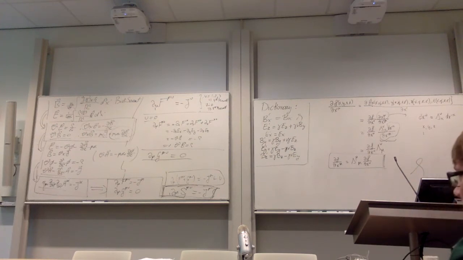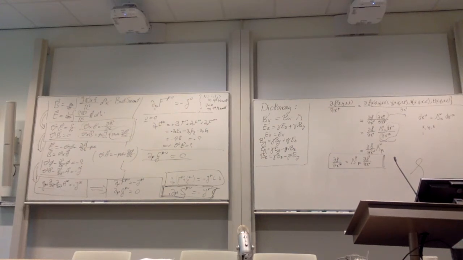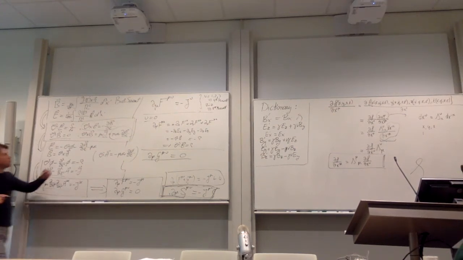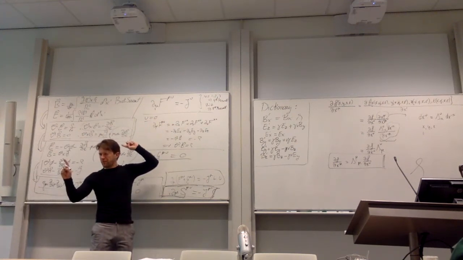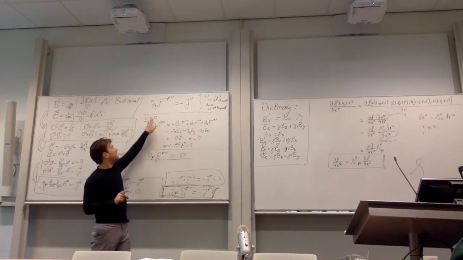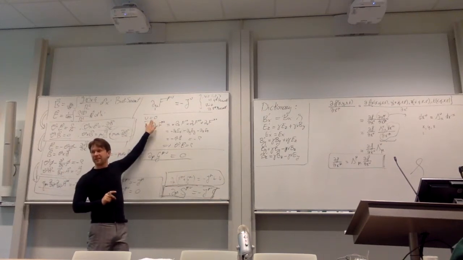Mu or nu? We have already done it for this one. That's so confusing. For this one we took 0 and 3, but what happens if you take 1 and 2?